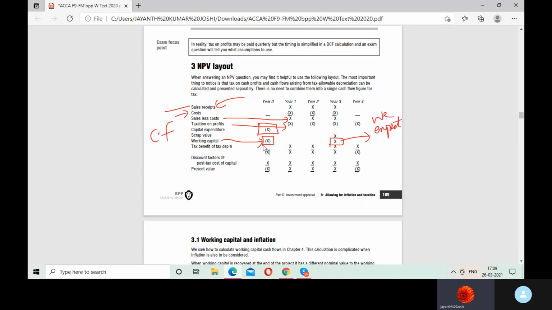That's the reason why it's an outflow here. Okay. And again here it's an inflow. Why is it an inflow? Because we expect the working capital to be recovered at the end of the project.